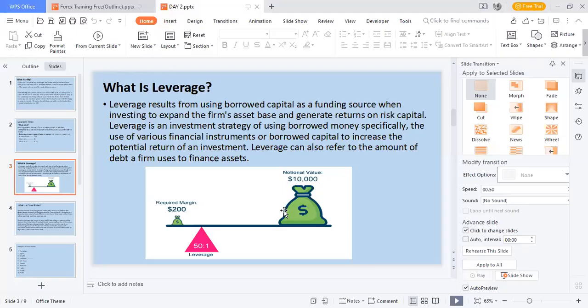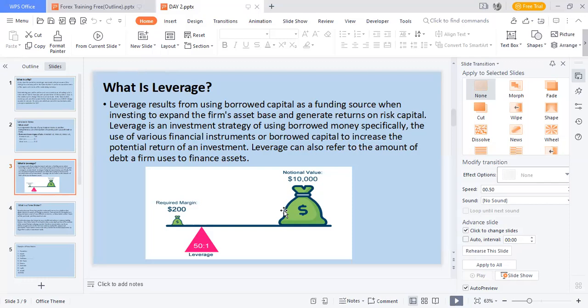What is leverage? Leverage is the result of using borrowed capital as a funding source when you invest to expand your firm's assets. So that's exactly what leverage is all about.